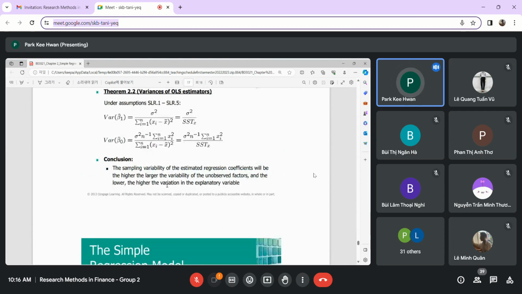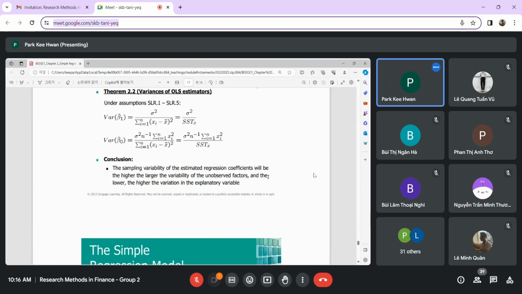So the sampling variability of the estimated regression coefficient, beta 1 hat or beta naught hat, will be higher the larger the variability of the unobserved factor, which is sigma square.